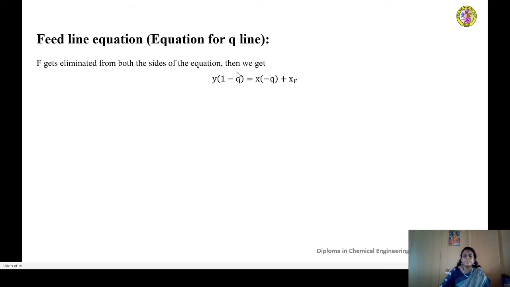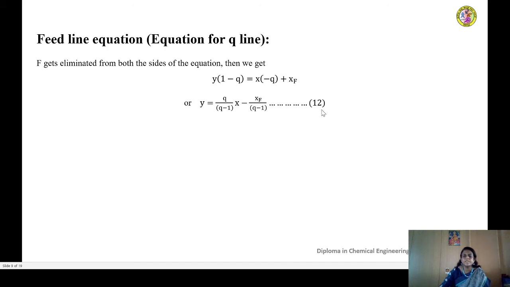Now shift this term to the denominator to get an equation in the form of Y is equal to f of X. Then the equation becomes Y is equal to minus QX divided by 1 minus Q. If you take this minus sign inside the bracket, then it becomes Q divided by Q minus 1 into X, plus XF divided by 1 minus Q. So you can write it down as minus XF divided by Q minus 1.